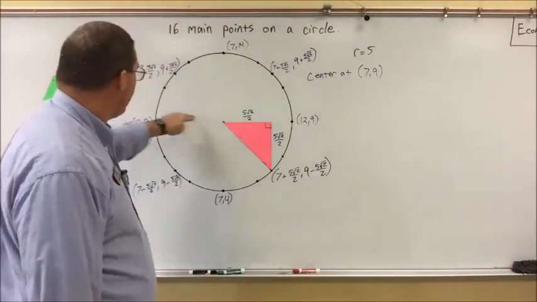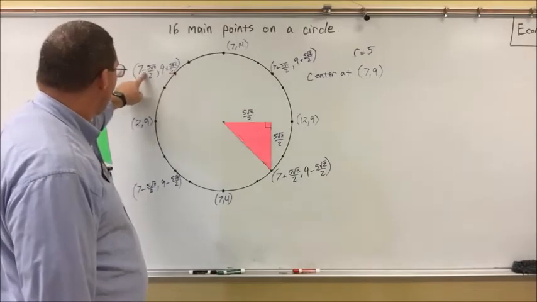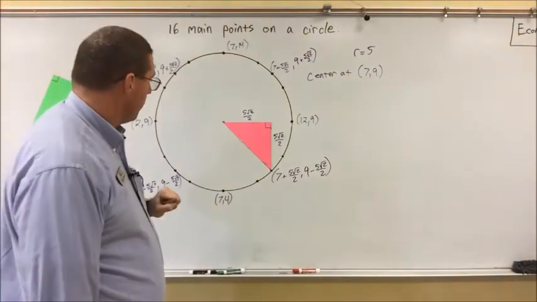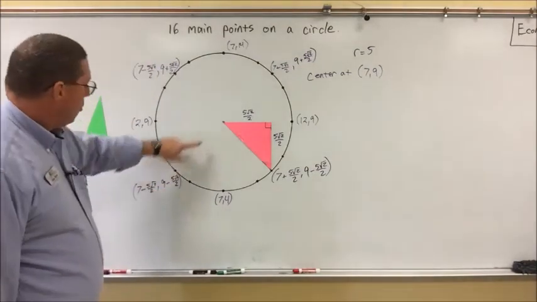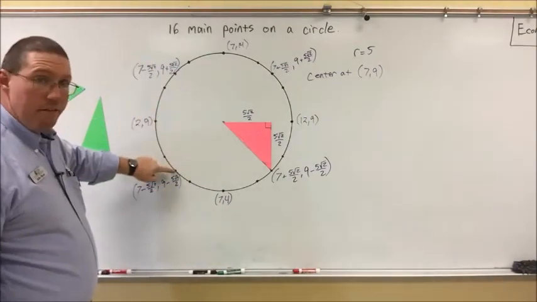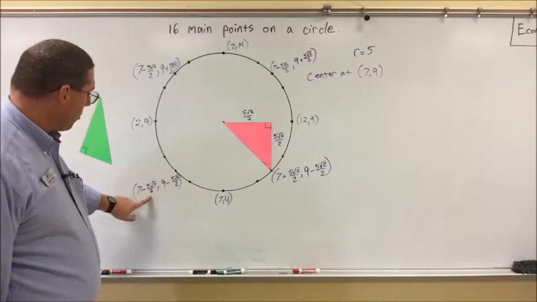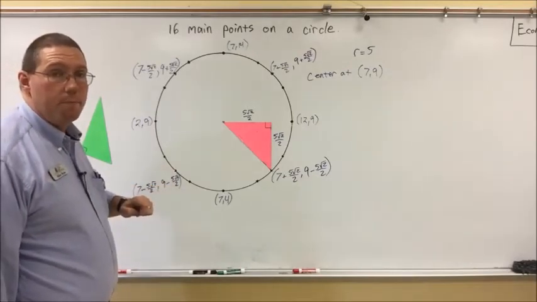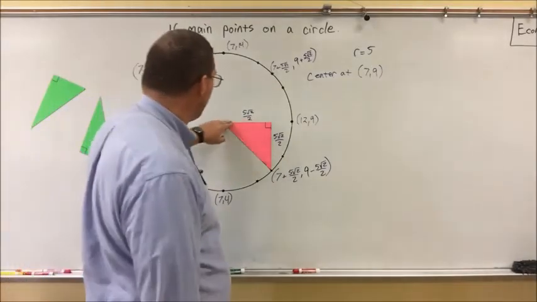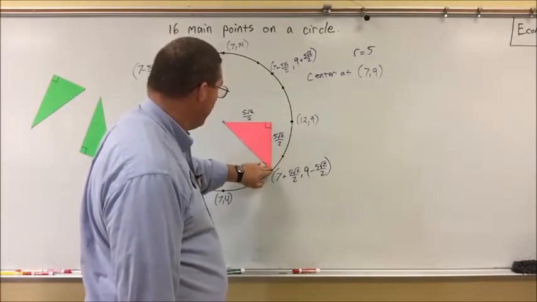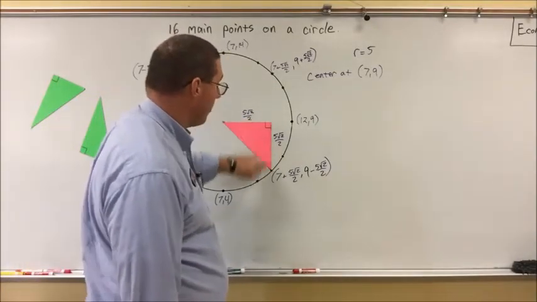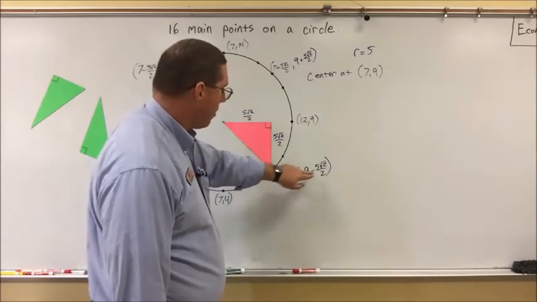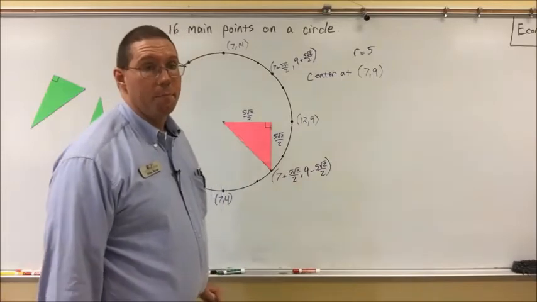Over here, we went negative, positive, so we subtracted 5 square root of 2 over 2 and then added 5 square root of 2 over 2. Down here, we went negative, negative, so we subtracted 5 square root of 2 over 2, and again subtracted 5 square root of 2 over 2. And then over to the right here, we went positive, negative, kind of like quadrant 4, so we added to the x and subtracted from the y.